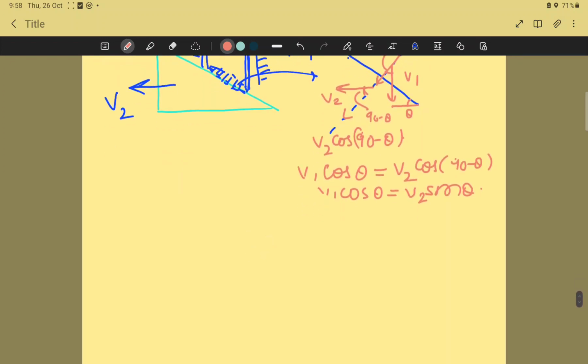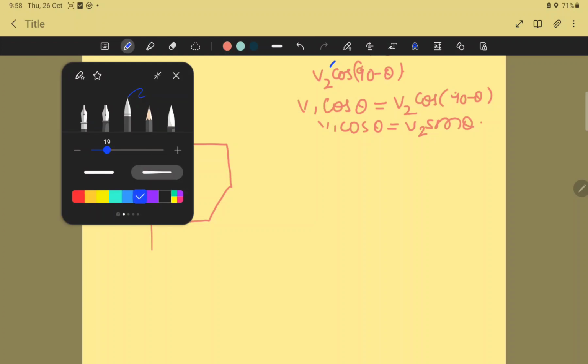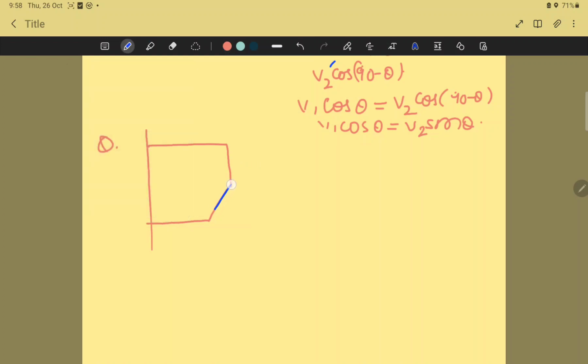Let me give you the last problem for your homework. This is the situation. It is moving downward with velocity 10 meter per second.